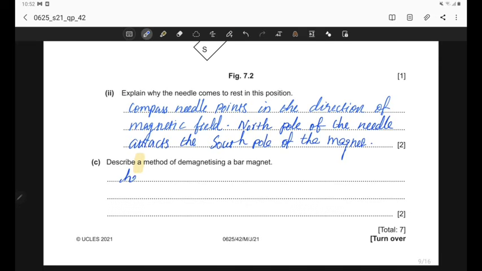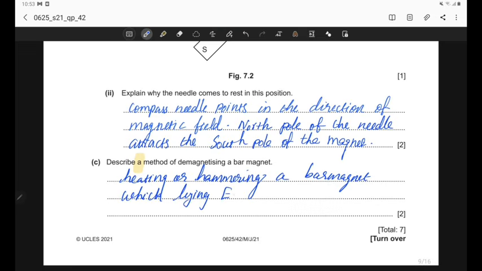Here we can write heating or hammering a bar magnet which is lying in the east-west direction.